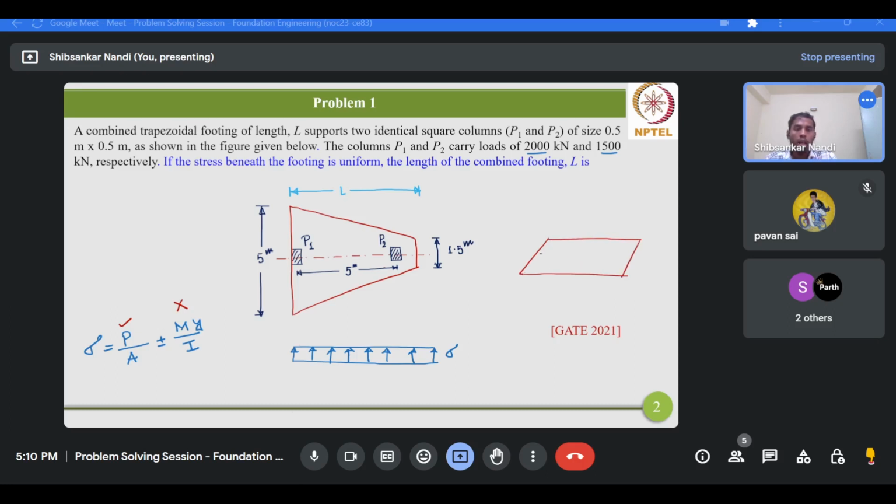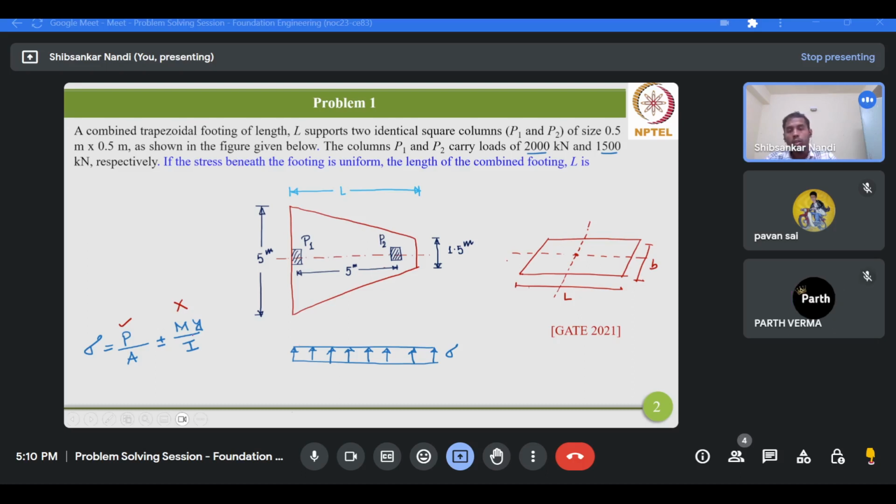Now as you know, the CG of this footing will be at the center of this rectangle. Means if this dimension is L and this dimension is B, then along the length direction it will be at a distance of L by 2, and along the width direction at a distance of B by 2 from any side of the footing.